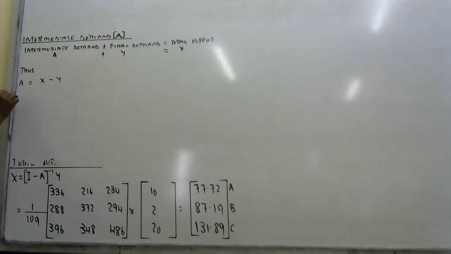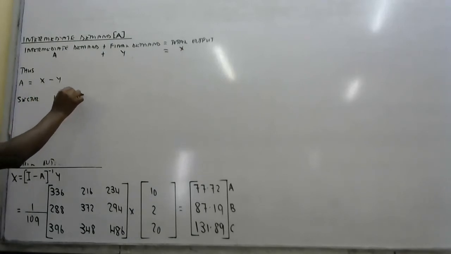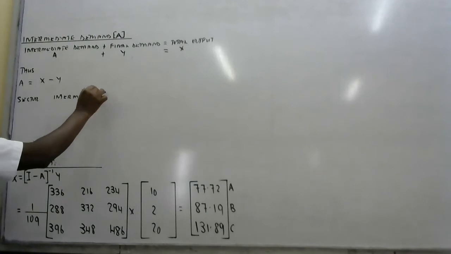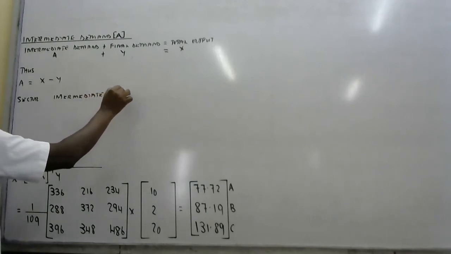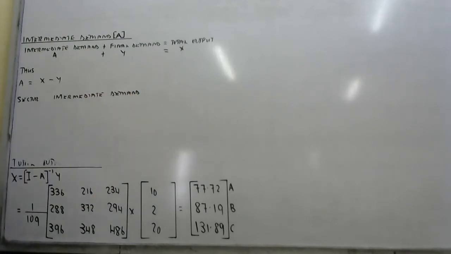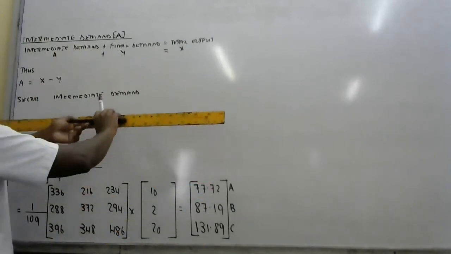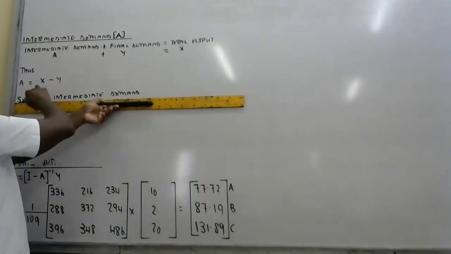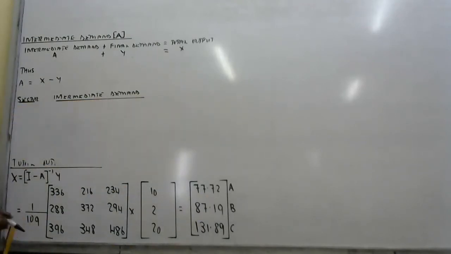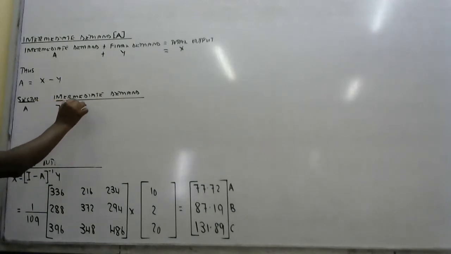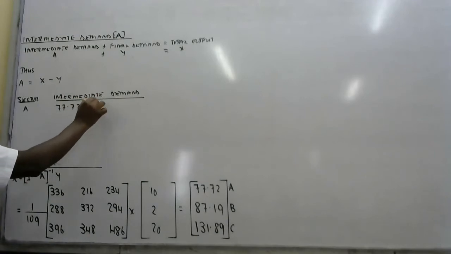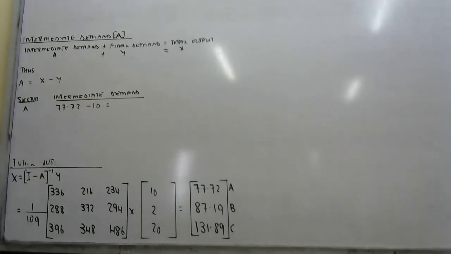So I will have the sector here and then intermediate demand. Sector A, the total output is 77.72. The final demand is 10.